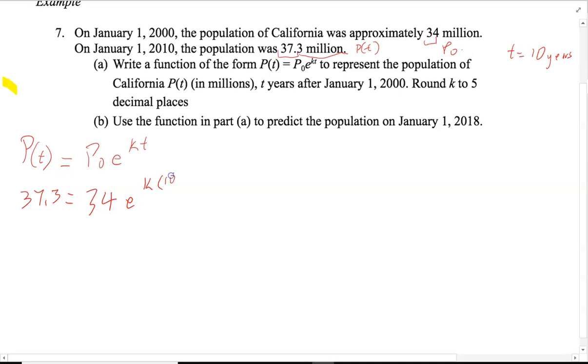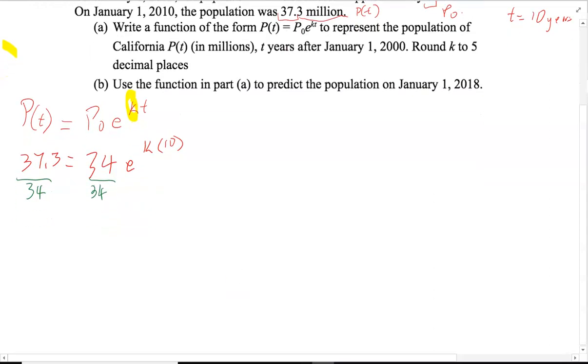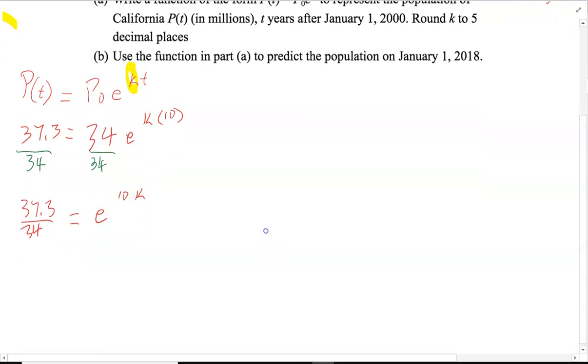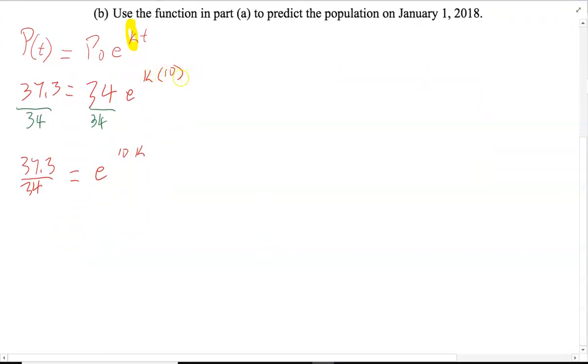Now we only have one variable to solve for, which is our k. So divide both sides by 34. And what we're left with is 37.3 over 34 is equal to e to the 10k.